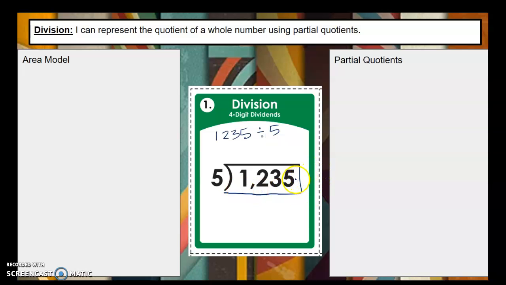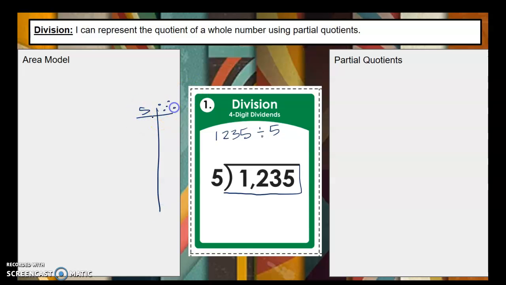All right, so first I want to work out the area model first. And then we'll look at it using something called a partial quotient, just like partial product. And it's part of the answer. And I want to show you how it's the exact same thing. All right, so before I start this problem, I'm going to go ahead and make my 5 T-chart.